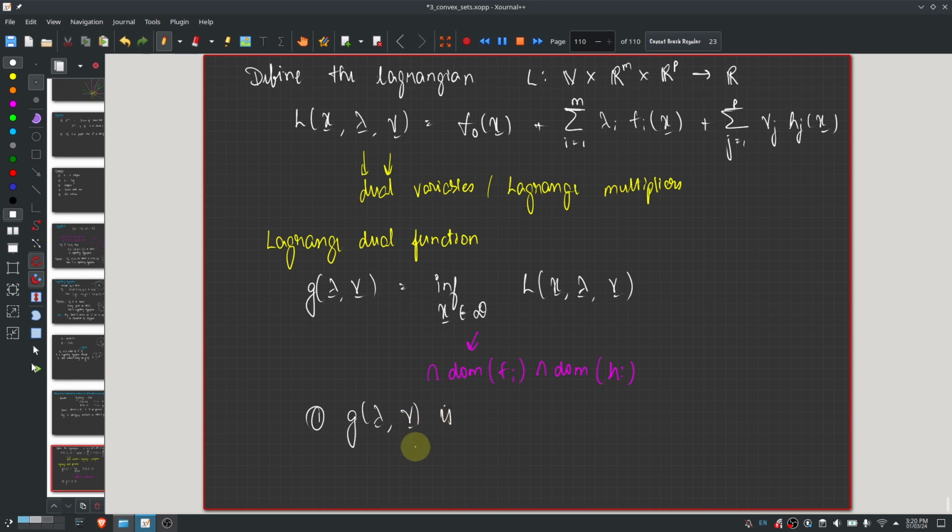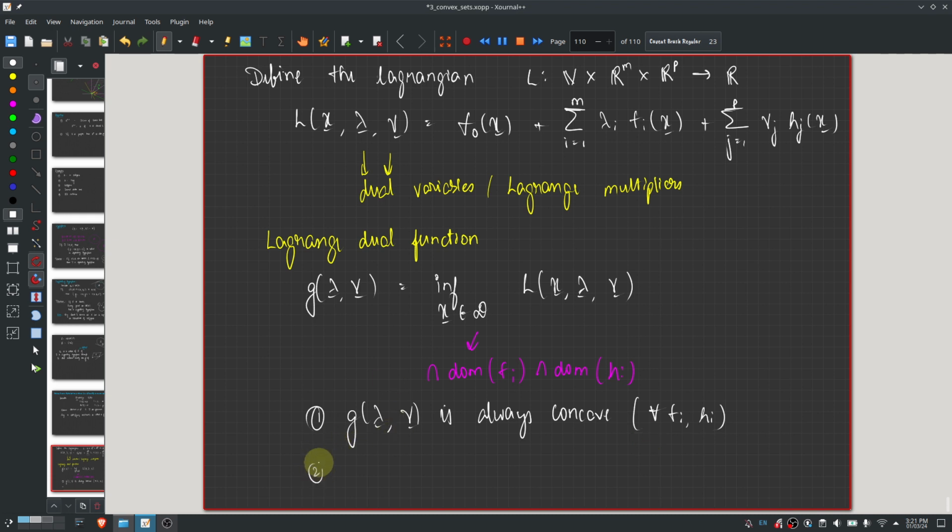The Lagrange dual function will always be concave. So even if F0, F1, F2, H1, H2, all of these are convex or not, this function will always be concave.